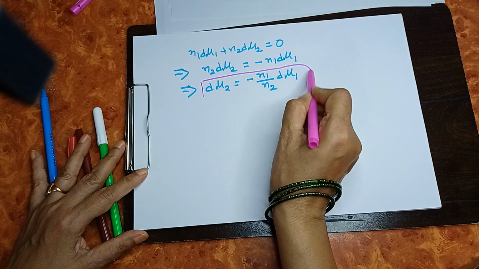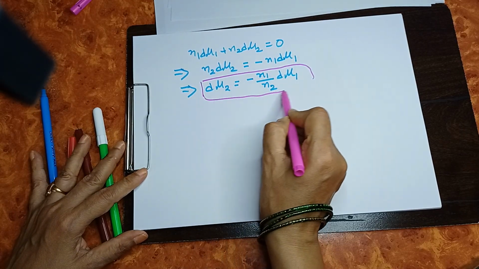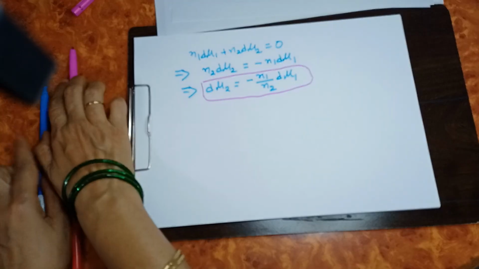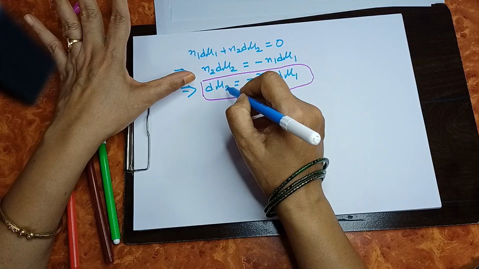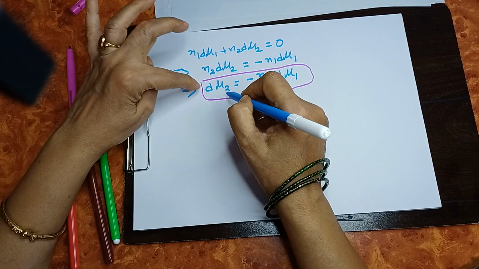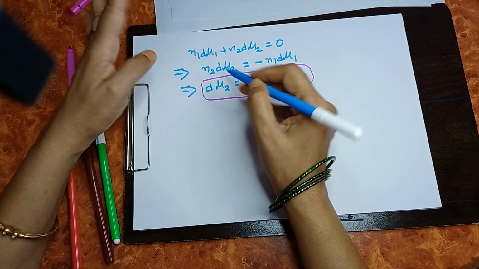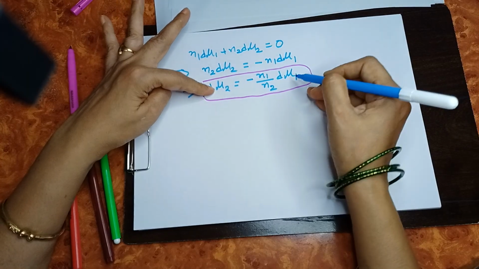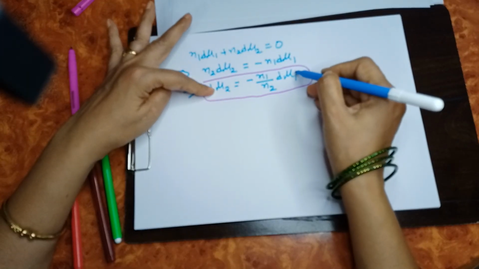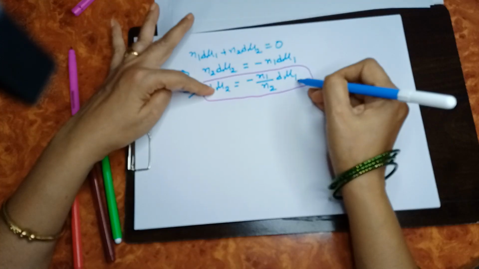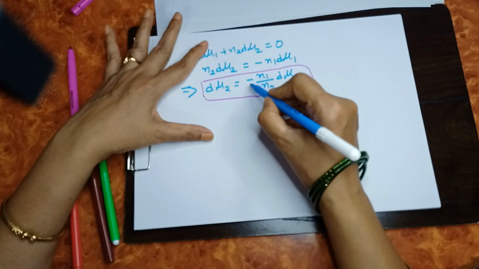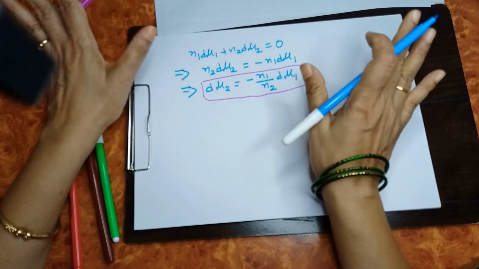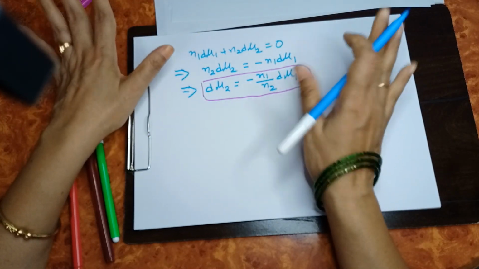If the chemical potential of one component increases, then the chemical potential of the other component will decrease, because of the negative sign. n1 and n2, numbers of moles, cannot be negative.